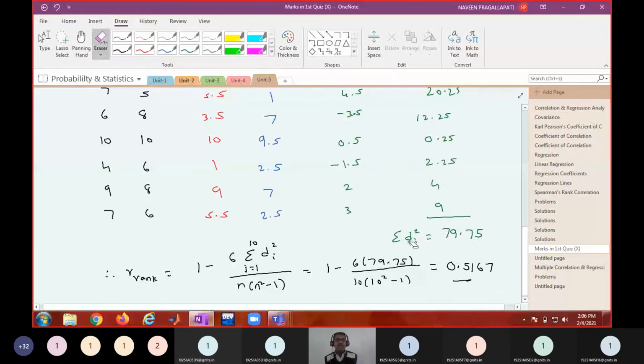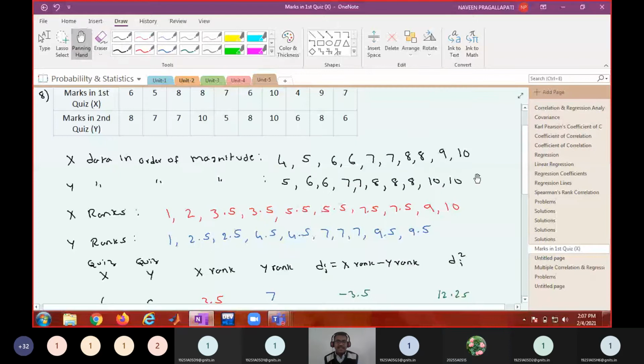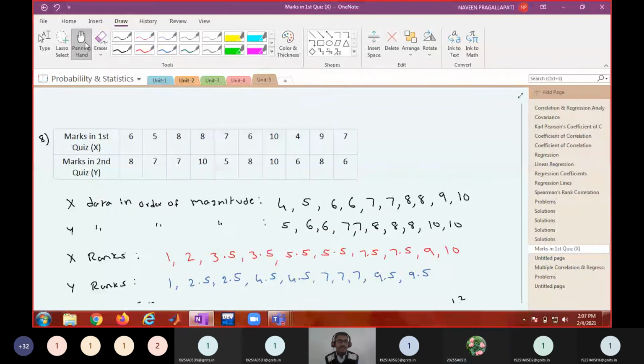Sir, there is no strong correlation. Can you explain again how we calculate the X rank and Y rank? Just look here. This is the data given.